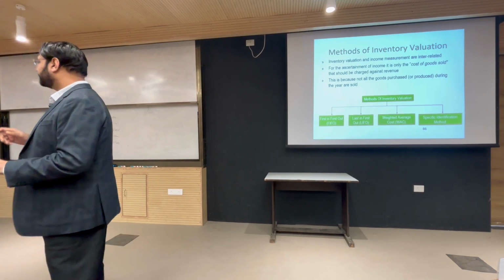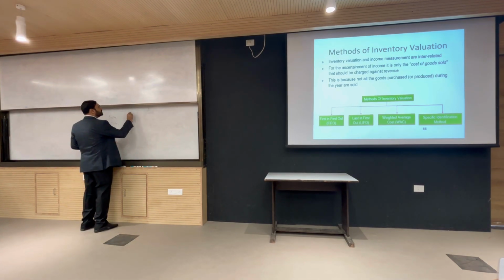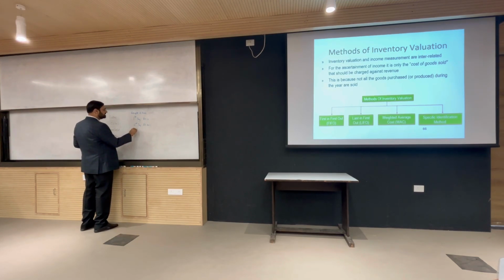Second jug we bought at 20 rupees. So let's write it down. We bought two jugs. First jug rupees 10. Second jug rupees 20. And then we sold one jug. And we are not specifying which jug.